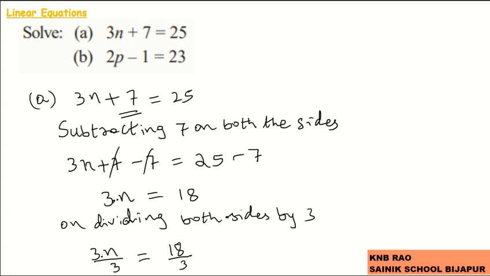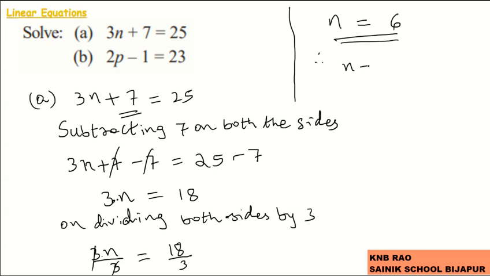Now, here 3 which is multiplying n gets cancelled with this 3 which is dividing it, giving us in our next step n alone on the left hand side. Then 18 upon 3 on simplification gives us 6. So, therefore, we have n equals 6 being the value of the variable n.